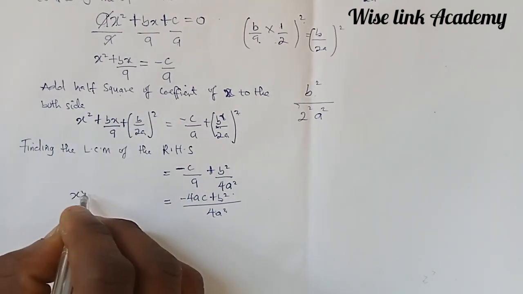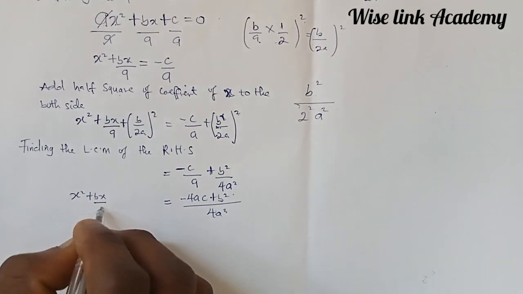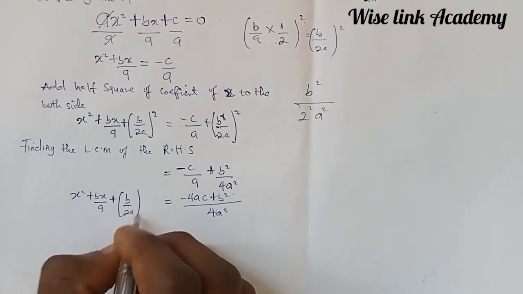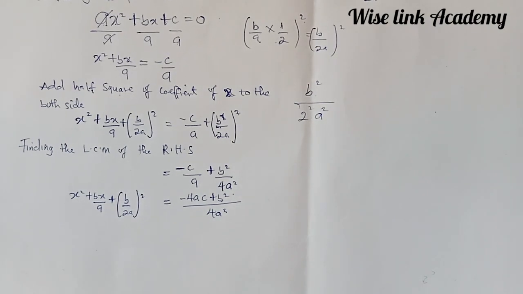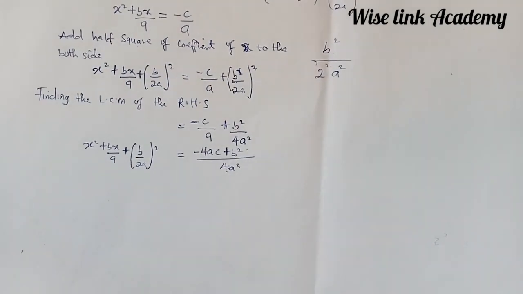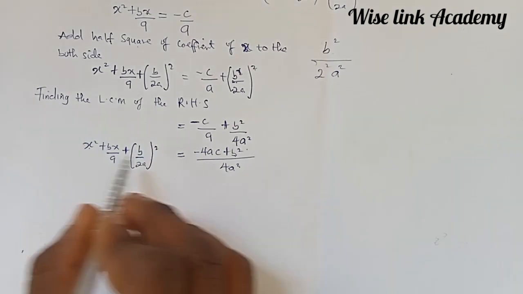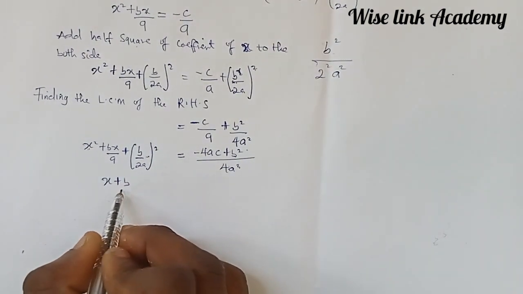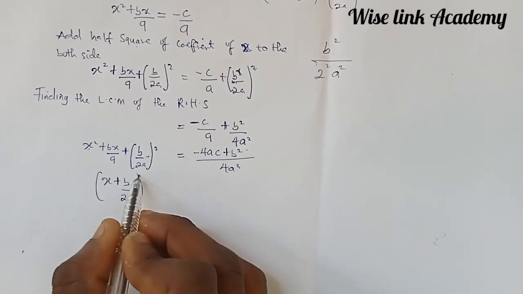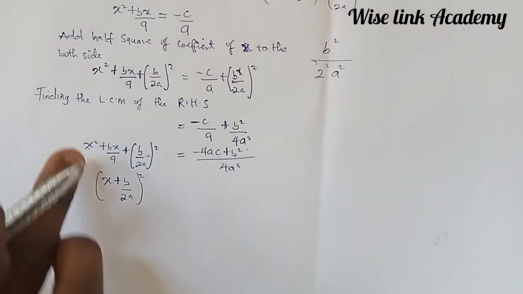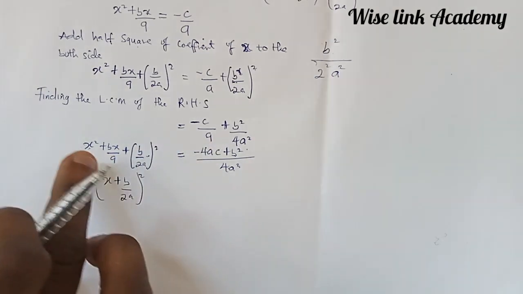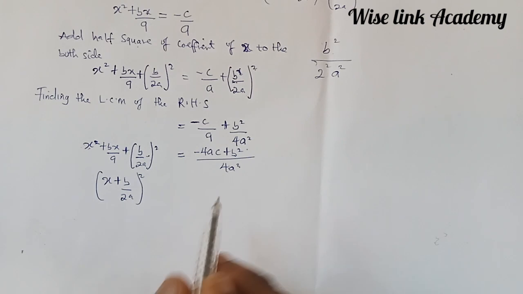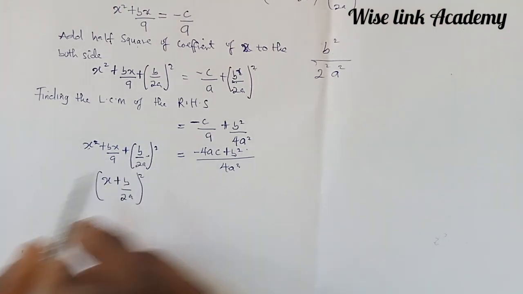You'll have x squared plus bx over a plus b over 2a squared. The next thing to do is to bring out the square, the terms that are squared together, by saying x plus b over 2a squared. You can see I brought out these terms and put the square; if I expand this, I'll have this value here.